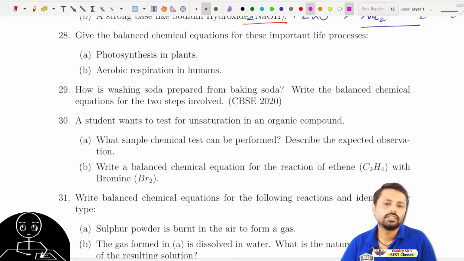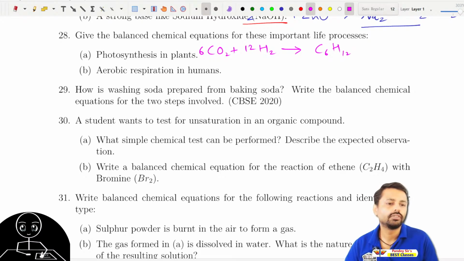6 CO2 plus 12 H2O gives you C6H12O6 plus 6O2 plus 6H2O.